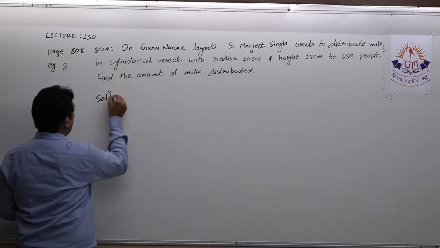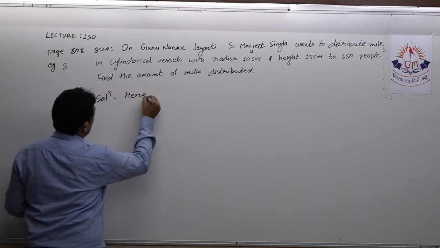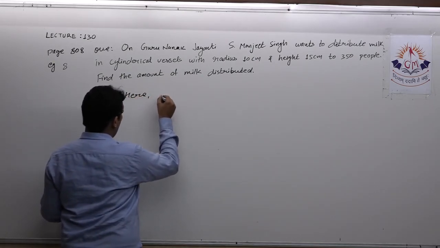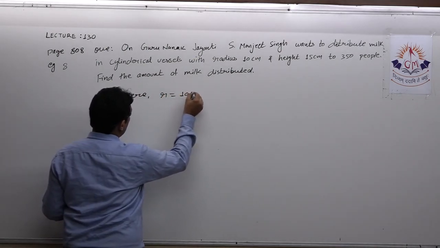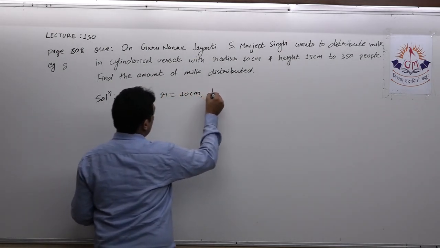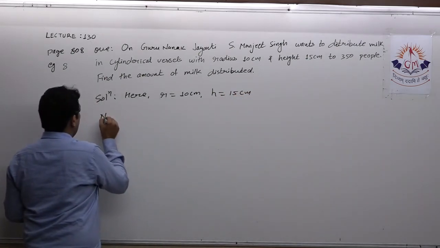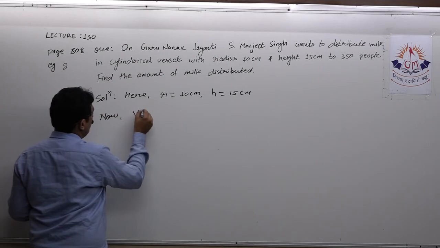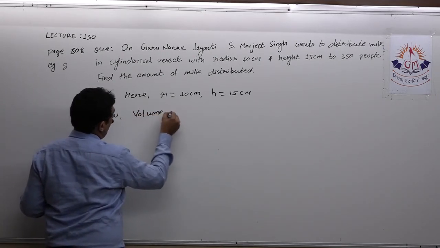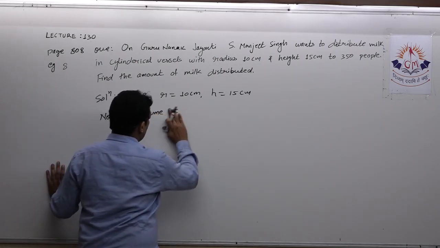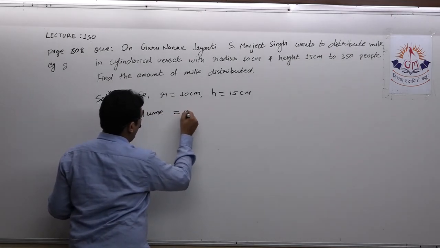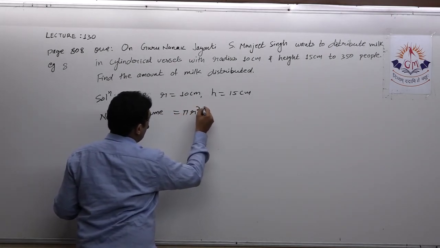So let us see, here we have R is equal to 10 centimeter and H is equal to 15 centimeter. Now volume of cylinder, or simply volume, is equal to pi r square h.